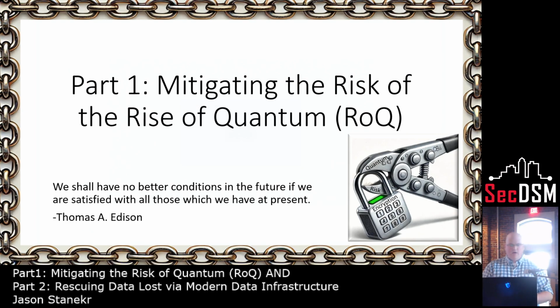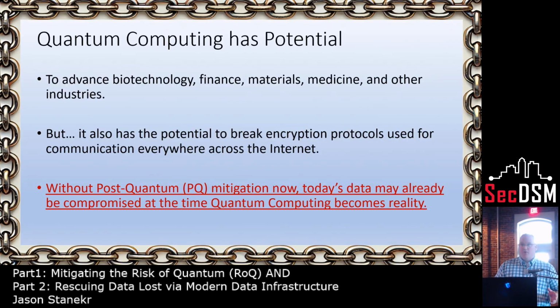So let's talk about mitigating the risk of quantum computing. So quantum computing has potential to help us gain competitive advantage in many industries, from biotech, materials, finance, medicine, and other industries. But it also has the potential to break encryption protocols across the internet.